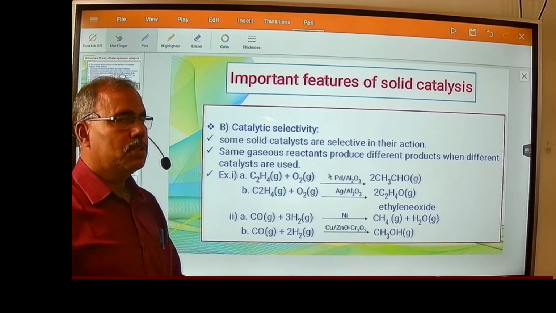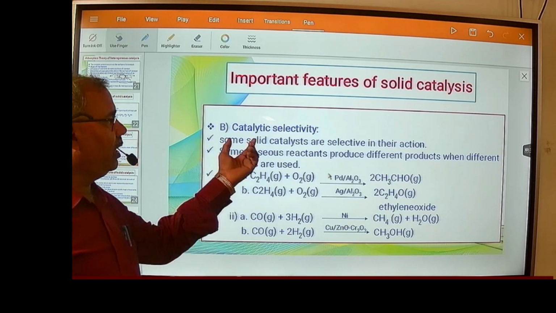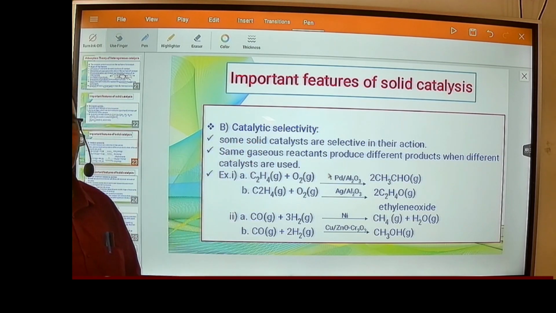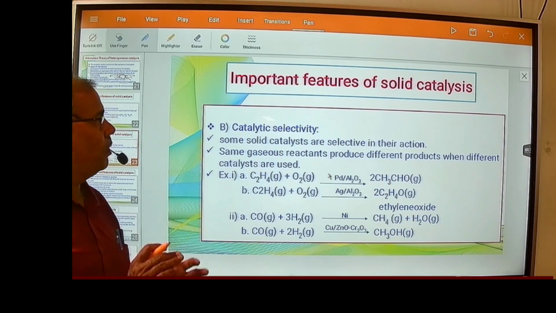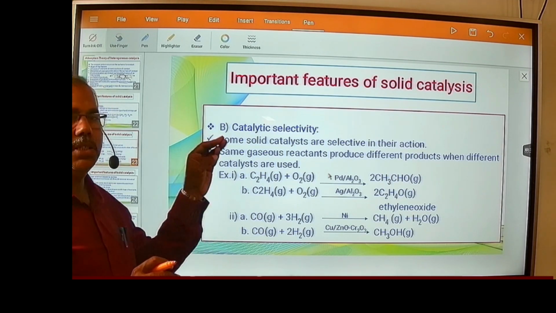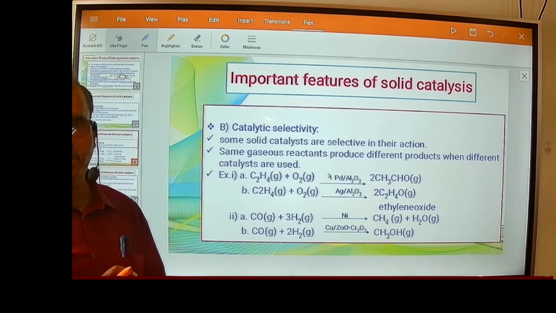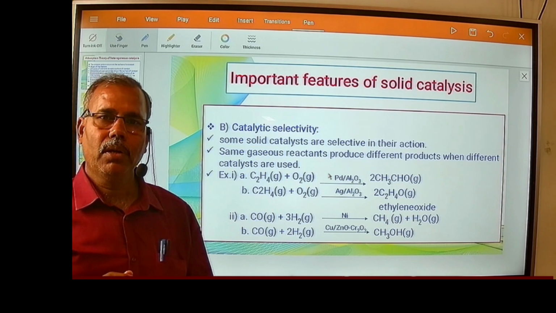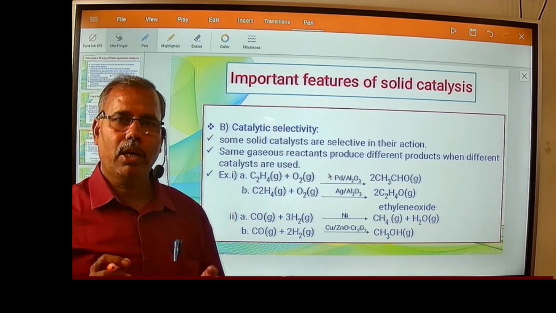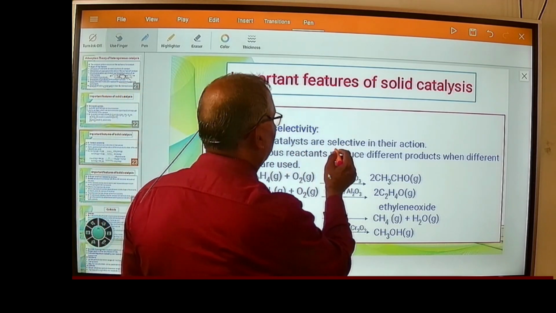Then second important feature of solid catalysis is catalytic selectivity. Now we studied the first feature, that is catalytic activity. Now catalytic selectivity, catalysts are very selective towards the reactants or the adsorbate molecules. Some solid catalysts are selective in their action.